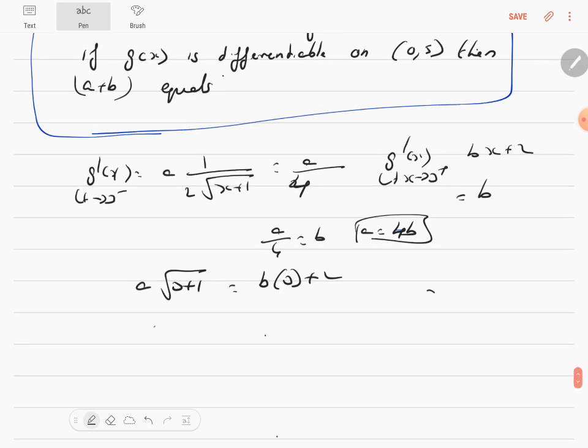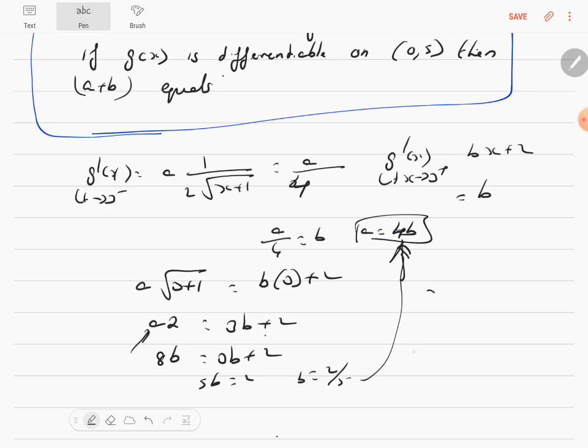So 2a is equal to 3b plus 2, and you already know a is equal to 4b, so it will become 8b is equal to 3b plus 2. Therefore 5b is equal to 2, b is equal to 2 by 5. You found a and you found b. What is a? 4 twos are 8 by 5. Thus a plus b is 10 by 5, and thus the answer is 2.